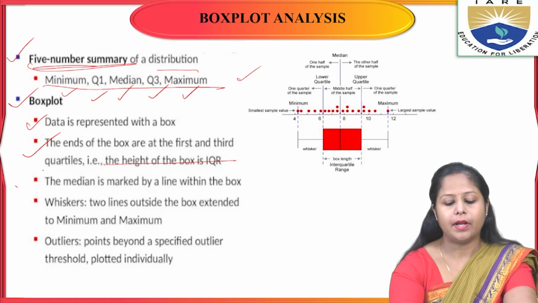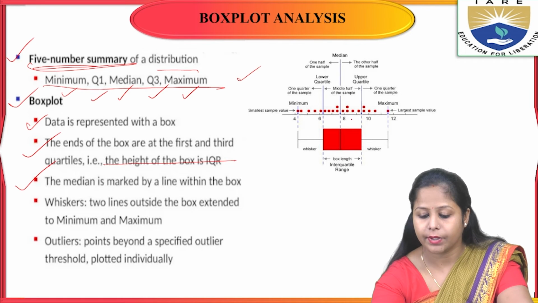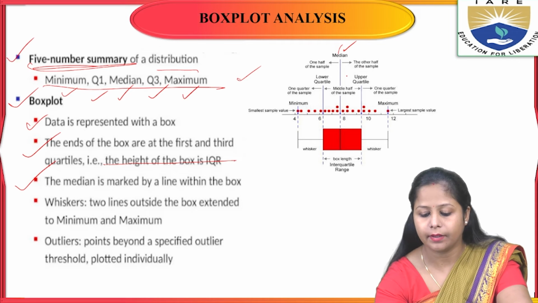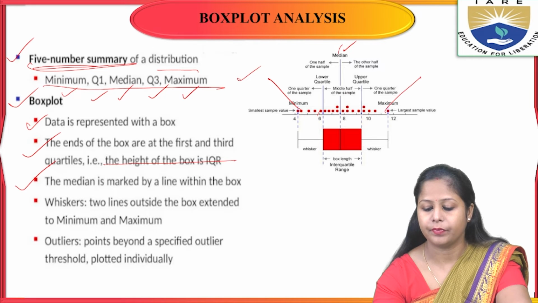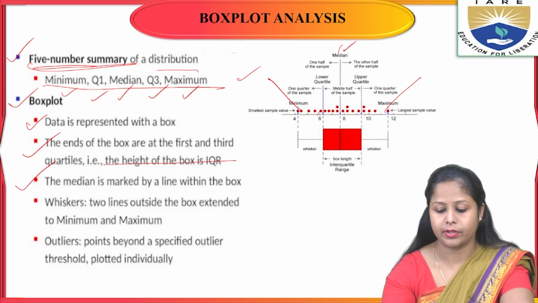The median is marked by a line within the box. Here we can check the median marked with the line, here the minimum, and here the maximum. This is the representation of the box plot.